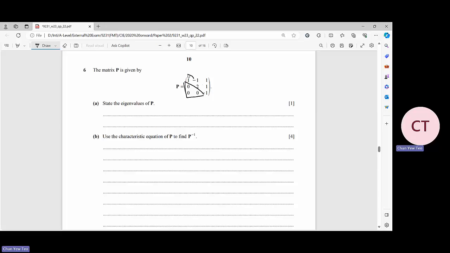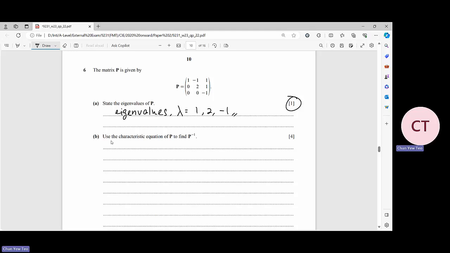That means the whole diagonal here will be your eigenvalue. This question is only 1 mark, so no need to show any steps. Just directly write down the eigenvalue. I will use lambda to represent it, which is equal to 1, 2, and -1.